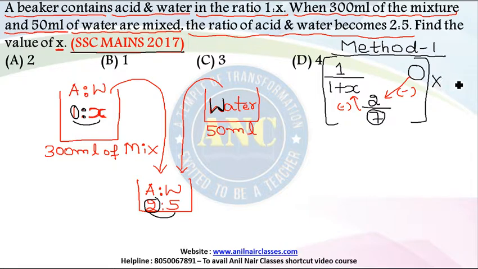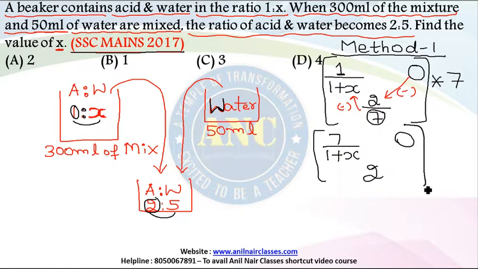So multiply by 7, at least to some extent. If I multiply by 7, 1 divided by 1 plus x into 7 is 7 divided by 1 plus x. 0 into 7 is 0. 2 by 7 into 7 is 2. To some extent you have eliminated the fractions. There is only one fractional term here.